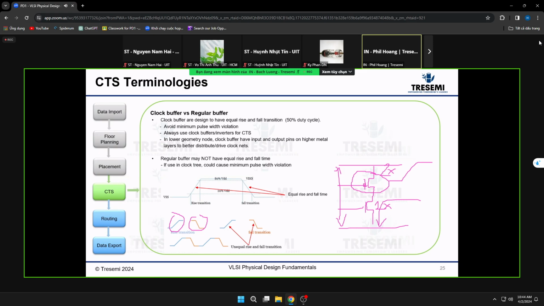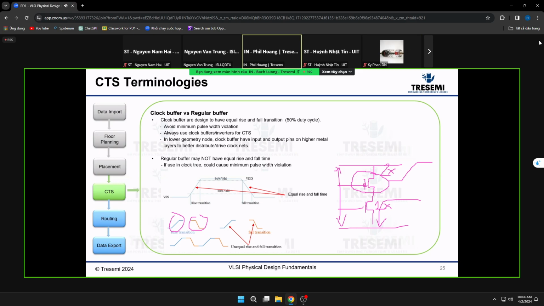So that's why this is slow, instead of being fast, because if you are fast and you don't have balance, you make the fall time slower. Therefore, if you look at the entire buffer from one edge to the other, this is faster than the clock buffer, where you intentionally slow down all these edges to have a 50% duty cycle.